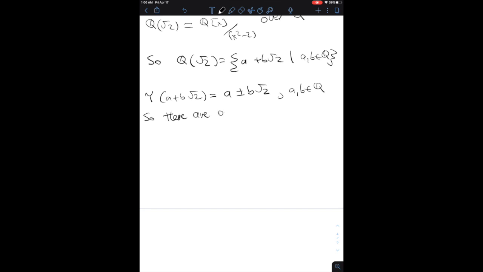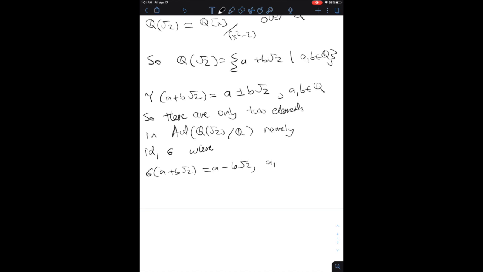This means that there are only two possibilities for the group of automorphisms of Q adjoin root 2 over Q. So there are two elements in Aut of Q adjoin root 2 over Q. Namely, there's the identity, which is the case of choosing the positive sign, and there's an element sigma, which is what you get when you choose a negative sign.